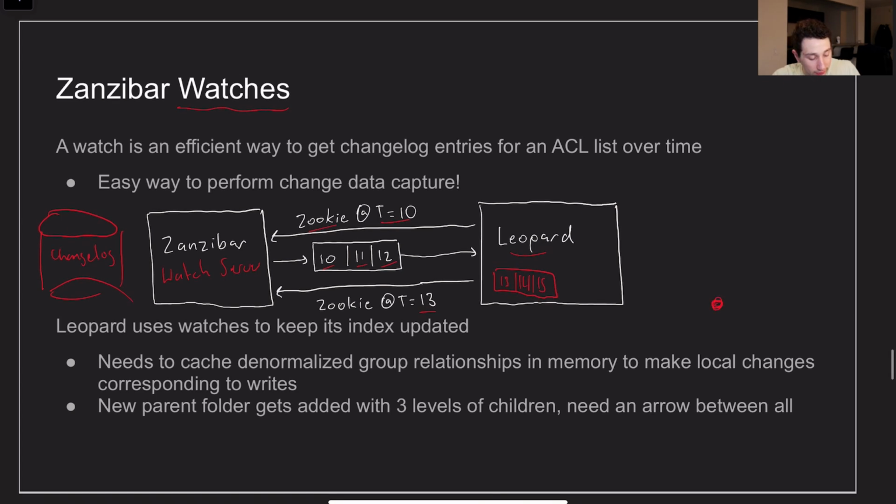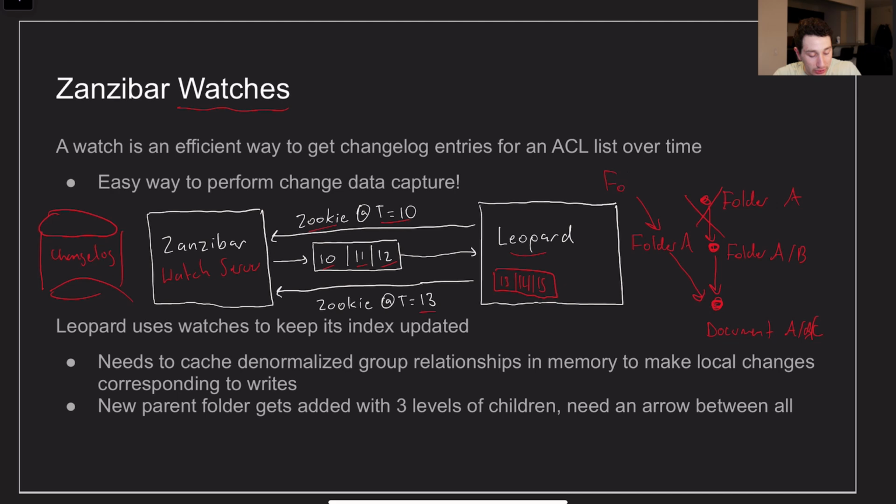They are stateful because, let's say you've got some sort of group relationship like this, you've got document A/B/C, which is in folder A/B, which is in another folder A. When we denormalize this, we get rid of this over here, and we have an arrow from folder A directly to document A/B/C.